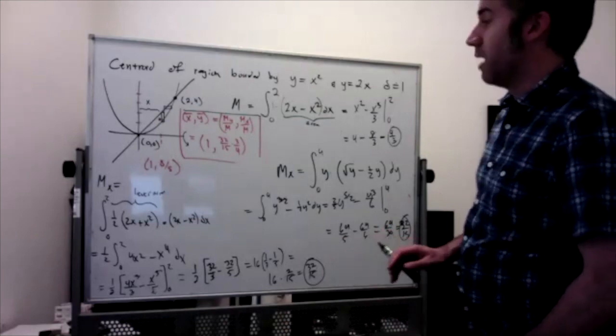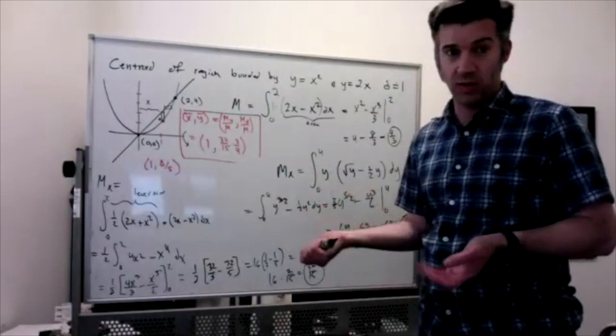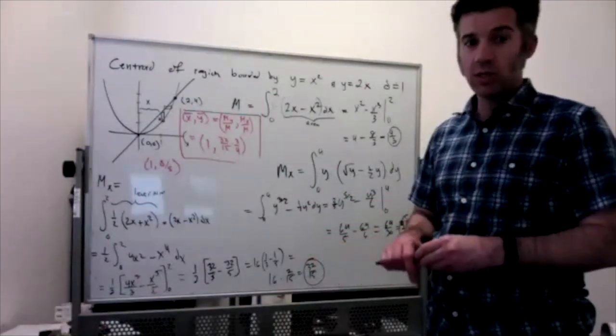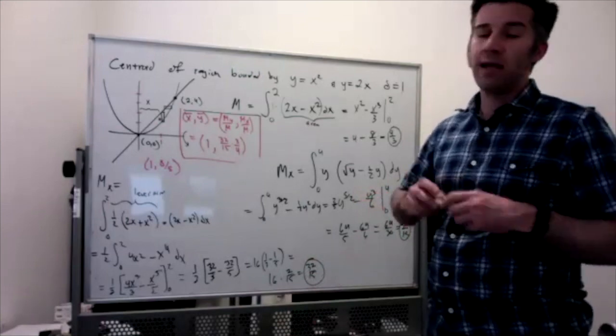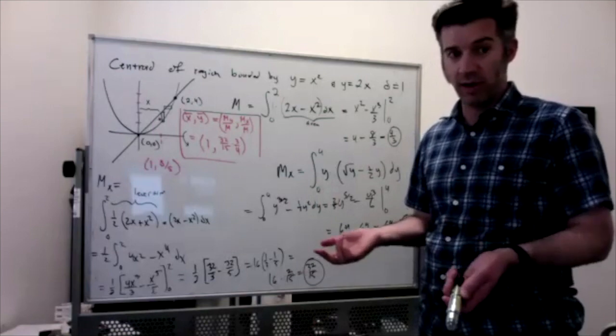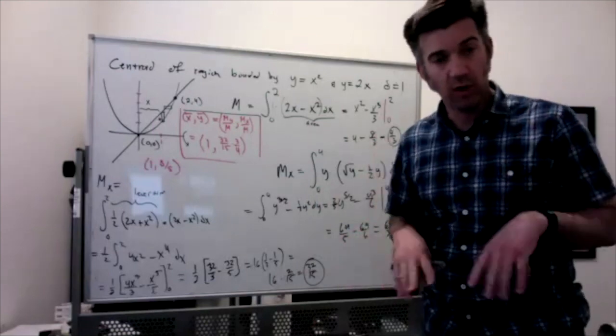So I'm not saying you should do this, but what I'm saying is if you're just being asked to find a centroid where the density is not variable, you can use both, and it's possible to solve both for y as a function of x and x as a function of y. If you really wanted to, you could use both of the quote unquote easier moment formulas.